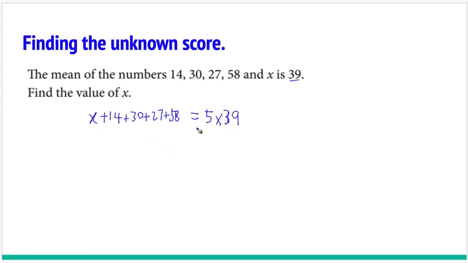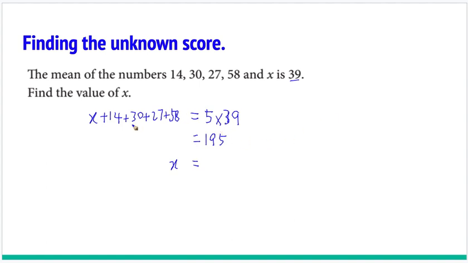This gives us 195, and working this out, we have 5 numbers, so 195 minus 129.